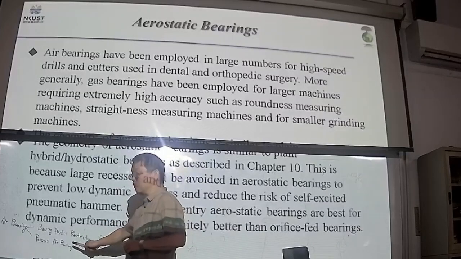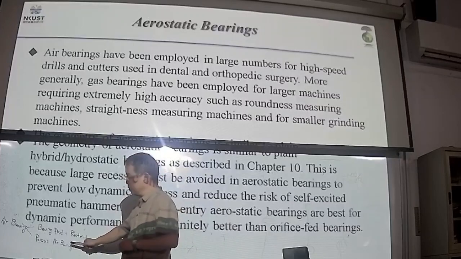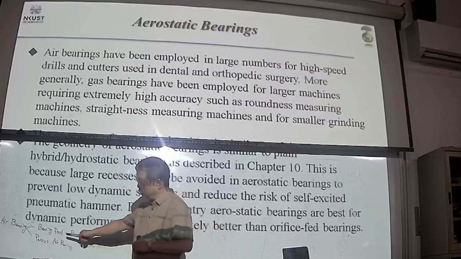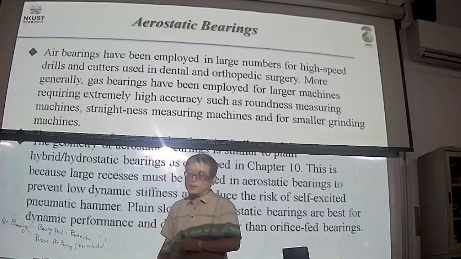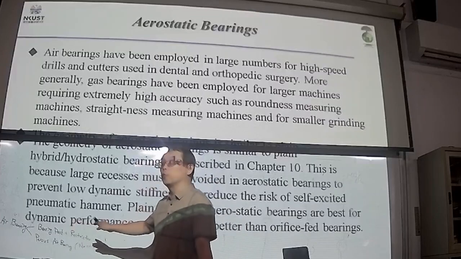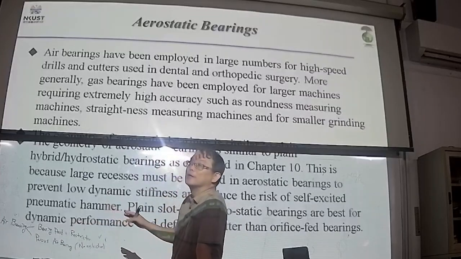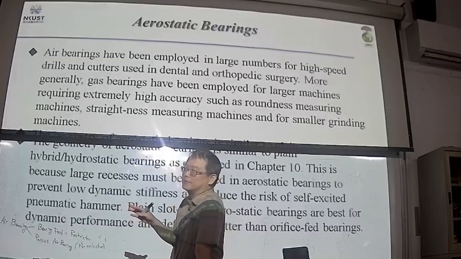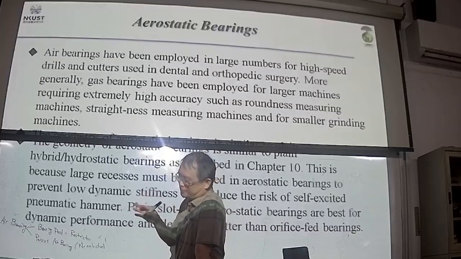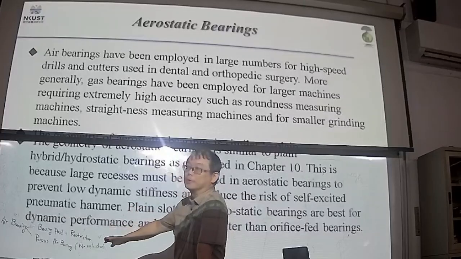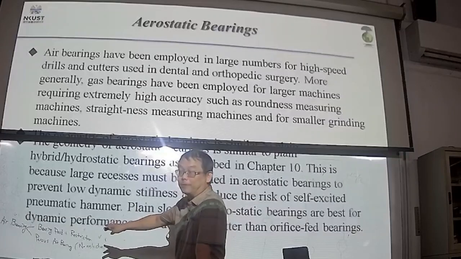There is also a different type of air bearing called the porous air bearing. This kind of bearing is made of a porous material. So the porous material inherently has some small pores in the material. It can behave like a restrictor.